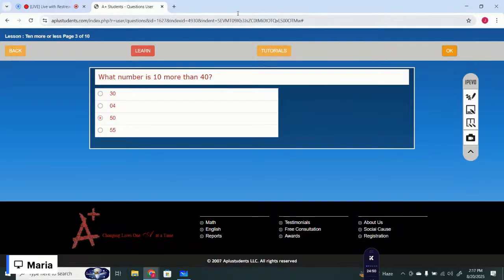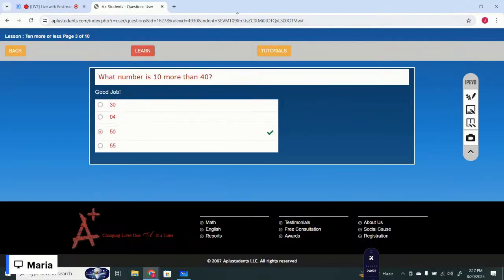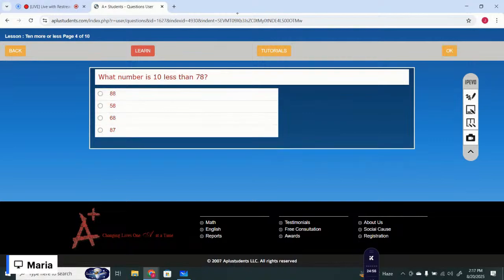Option number 3 is the correct option. What number is 10 less than 78?